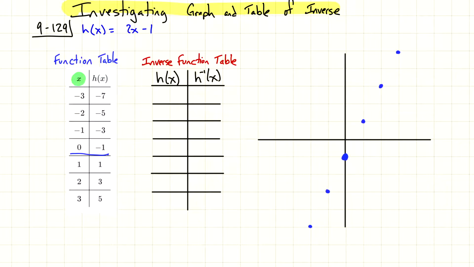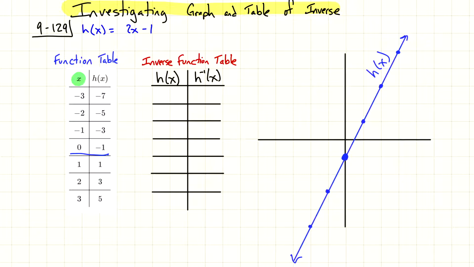So we should be able to draw a line that goes through those points. Let's see if I could do that. All right, it should look something like this. And this is our h of x. That's our equation, h of x.